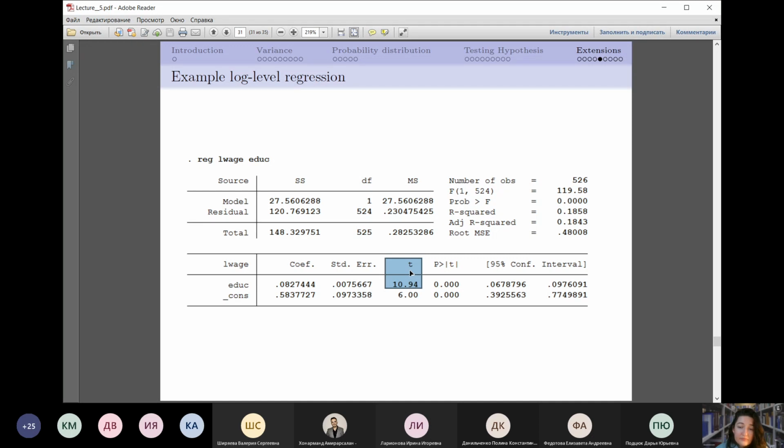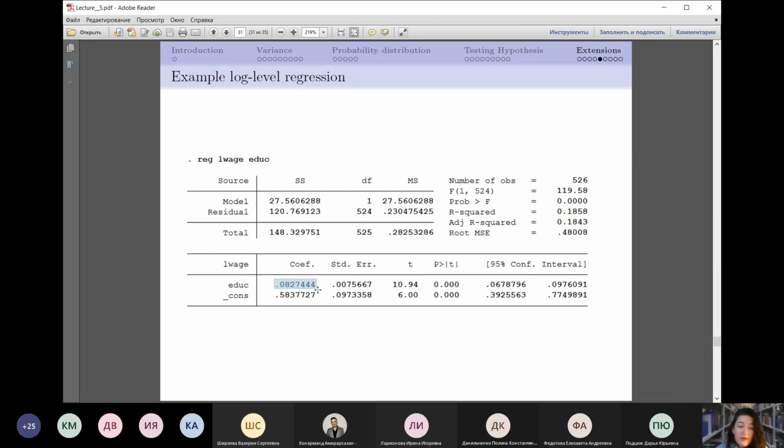You can check this. So again, we make the same conclusion that our coefficient is statistically significant due to the t-statistic, p-value, and confidence intervals.